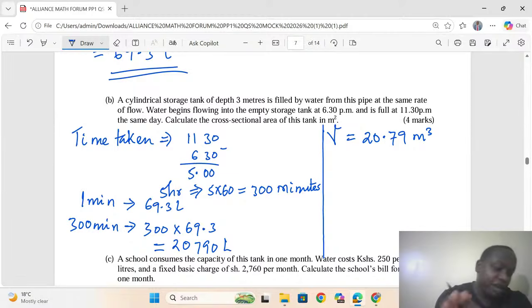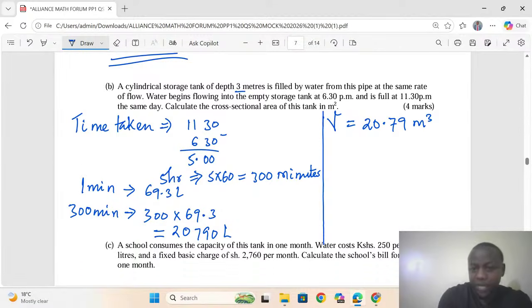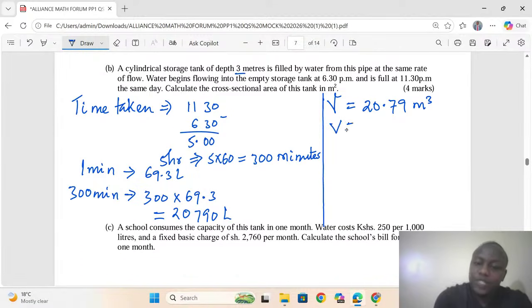Now that we have volume, can we talk about cross-section area? Cross-section area, simply because we have the height of the cylindrical tank. Volume is given by cross-section area times height. Therefore, the volume of 20.79 equals the unknown cross-section area times height 3 meters.